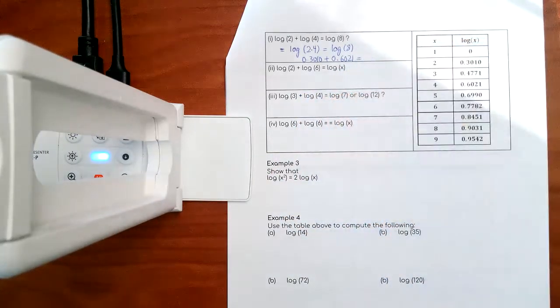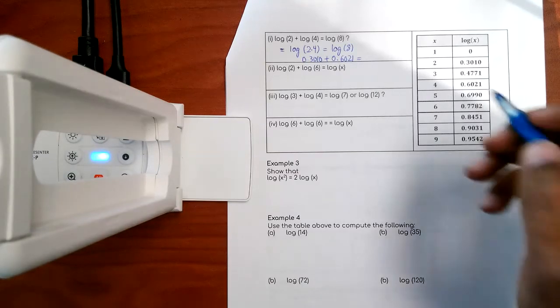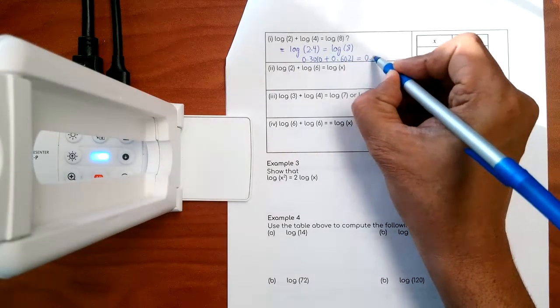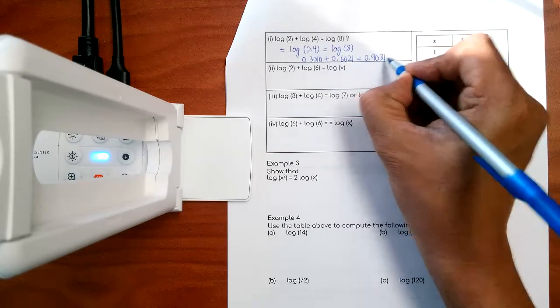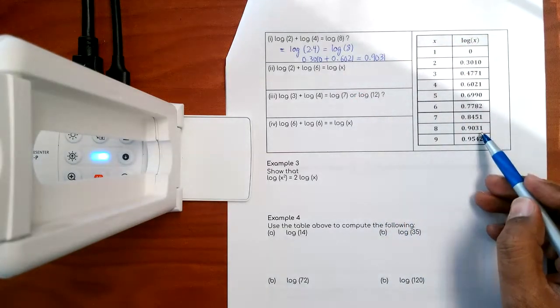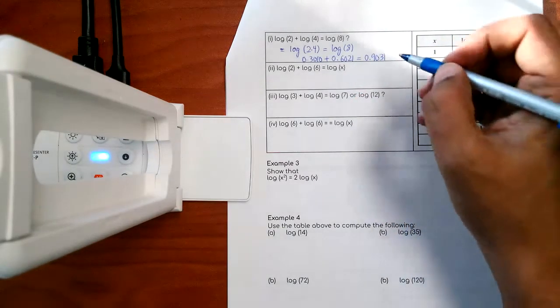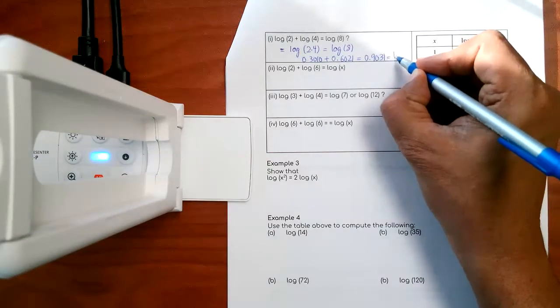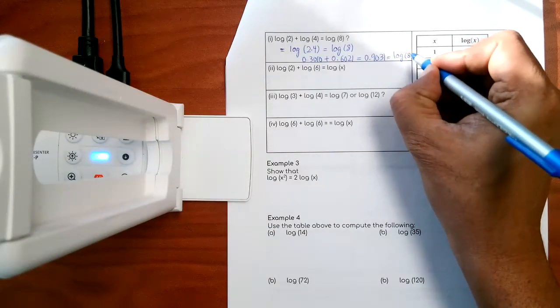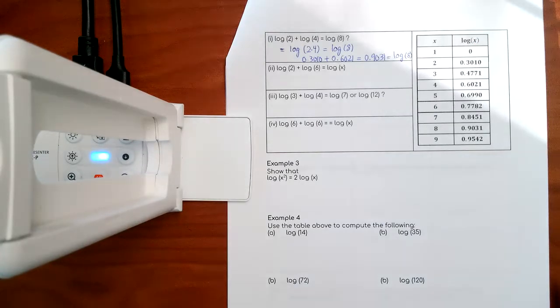So when we add them, we will have 0.9031. And if you look at it here, it's the same as log of 8. So yes, we can confirm that as well.